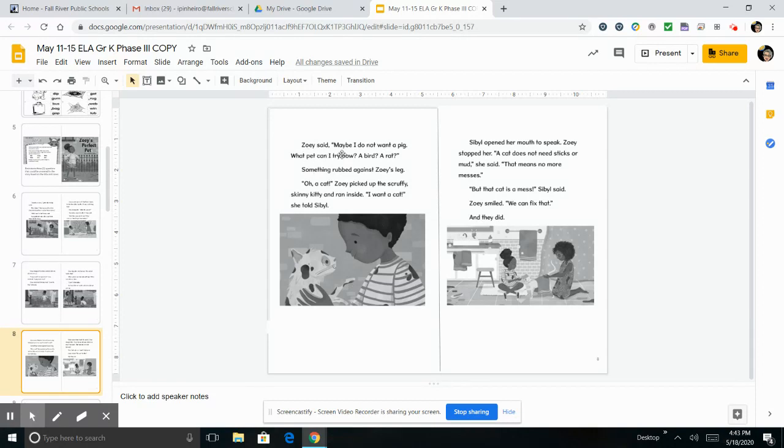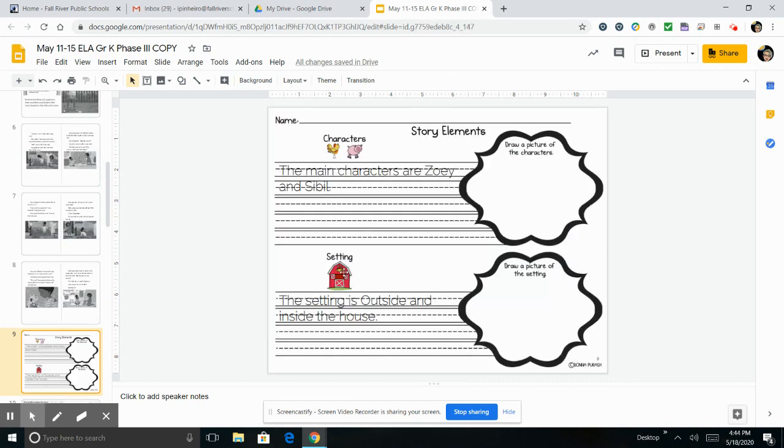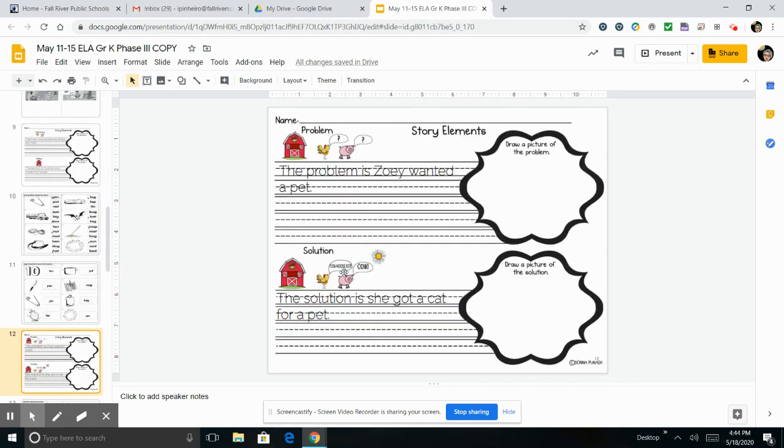It said, Zoe said, maybe I do not want a pig. What pet can I try now? A bird? A rat? Something rubbed against Zoe's leg. Oh, a cat! Zoe picked up the scruffy, skinny cat and ran inside. I want a cat. So what does Zoe want now on page 5?